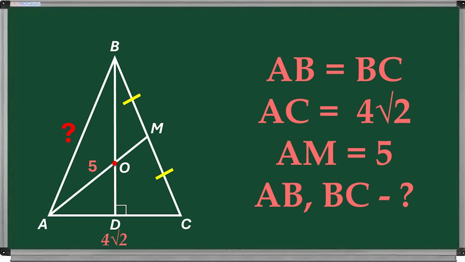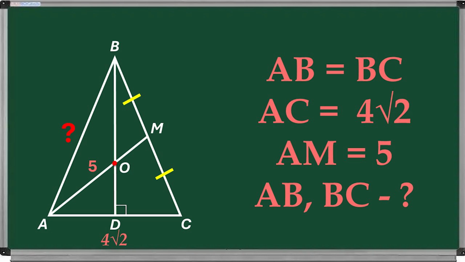This means it hits the base AC at its midpoint D and forms a right angle. Our goal is to find the length of a lateral side, like BC. We can find this if we know the lengths of the altitude, BD, and half the base, DC, because they form a right triangle, BDC.